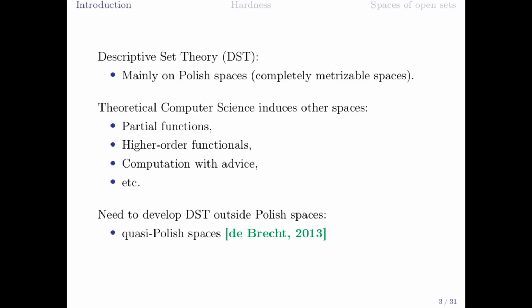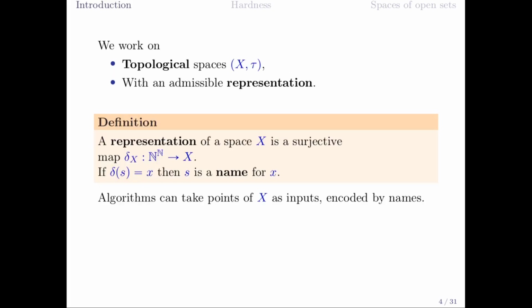This was initiated first on domains, which come from semantics of lambda calculus and things like that, and extended to quasi-Polish spaces by Mathieu a few years ago. So this work is a continuation of this program, and we work in topological spaces with admissible representation.